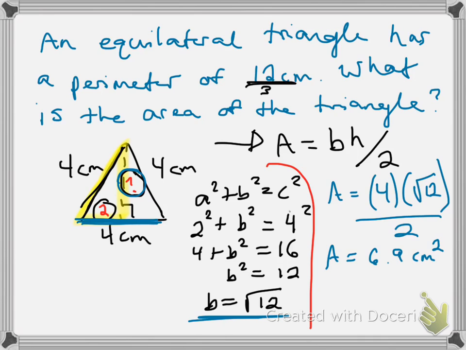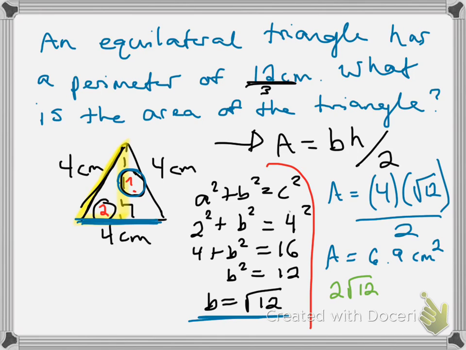If you're looking for a non-decimal form, like an exact answer, where you're not using a calculator, well, we can just go ahead and divide, let's use green. 4 divided by 2 is 2. We can leave that root 12, so we'd have 2 square root 12. We won't get into how this works.